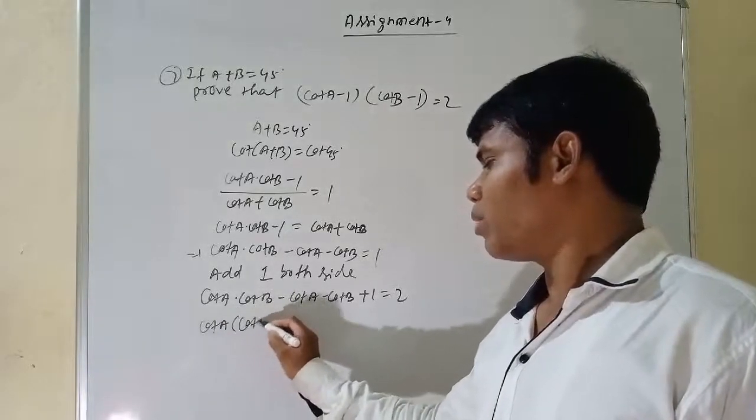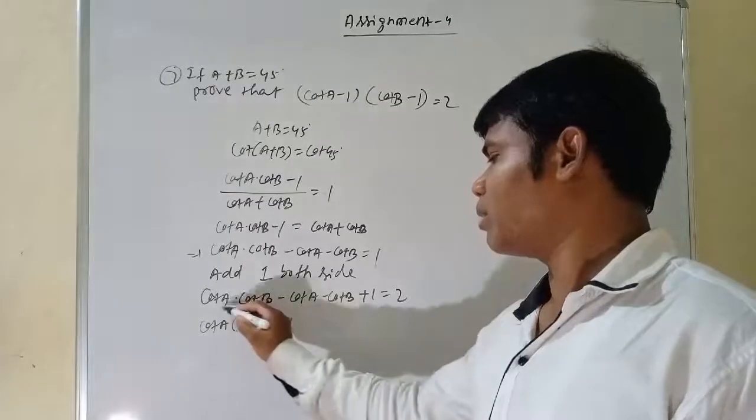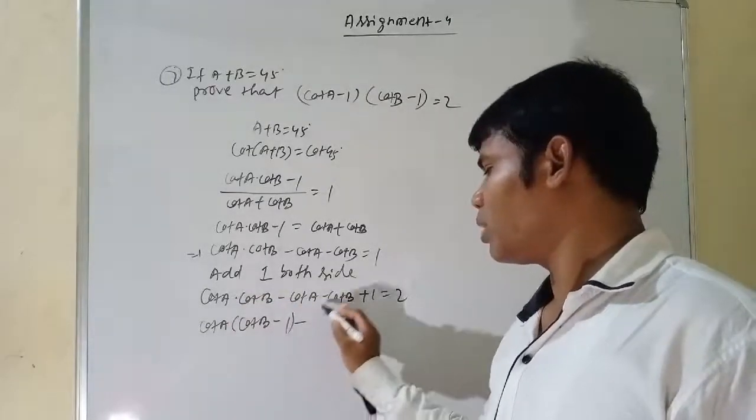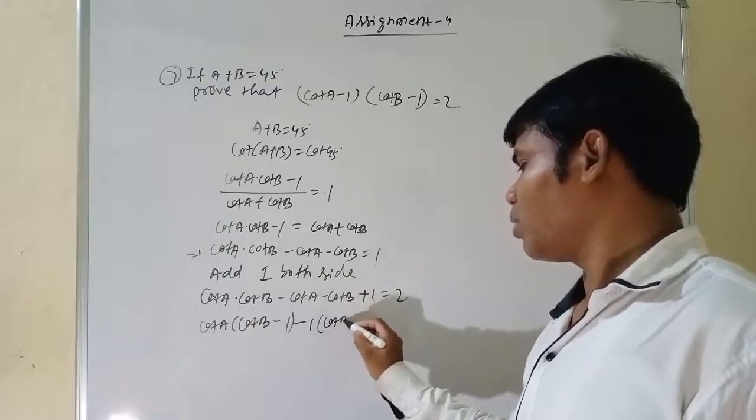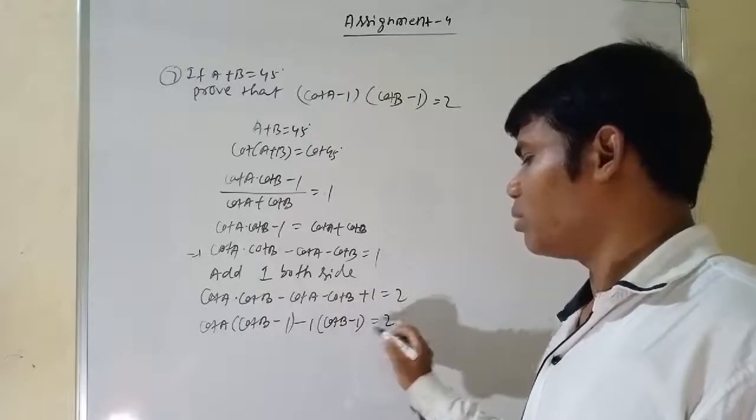Okay, taking common cot a from these two, cot b minus 1, and taking common 1 minus 1. Okay, cot b minus 1 is equal to 2.